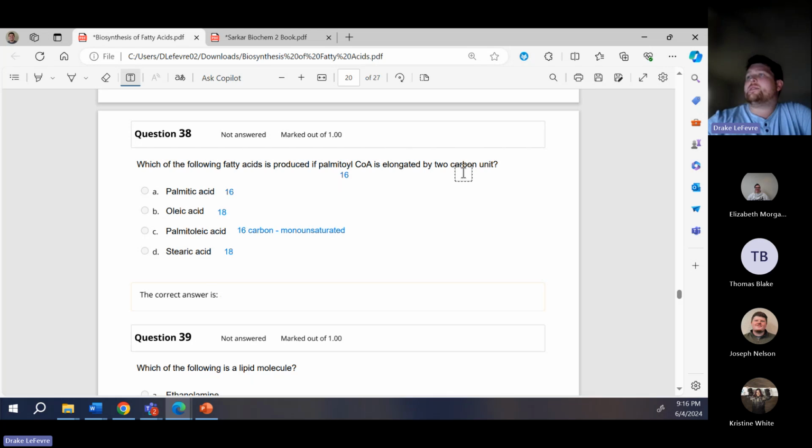So immediately, if we add 2 to it, we have a 50-50 shot, oleic versus stearic acid. In this case, the answer is going to be stearic. Unfortunately, this is more just know it and remember it, which sucks, but it is what it is.